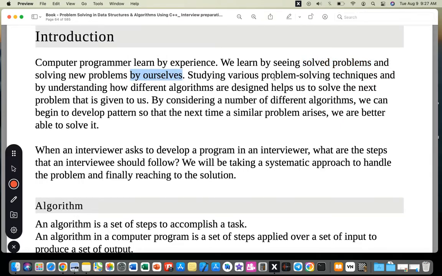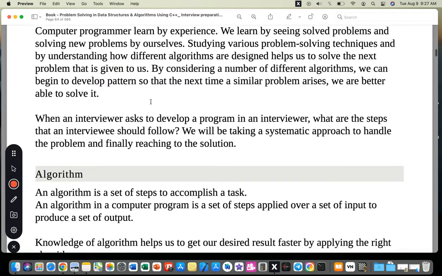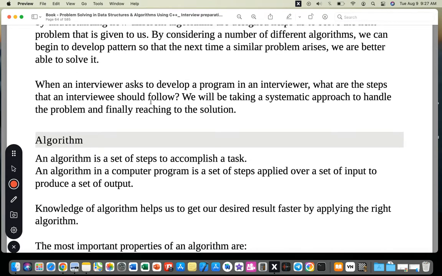Studying various problem-solving techniques and understanding how different algorithms are designed helps us to solve the next problem that is given to us. By considering a number of different algorithms, we can begin to develop patterns so that the next time a similar problem arises, we are better able to solve it.